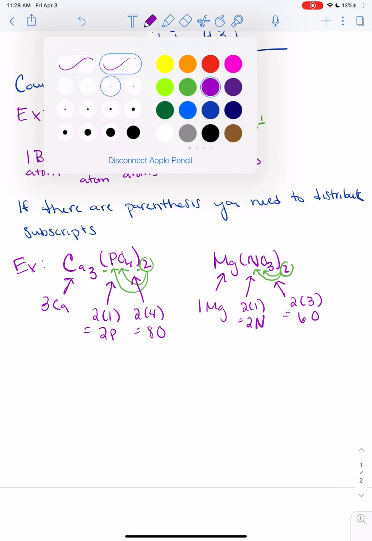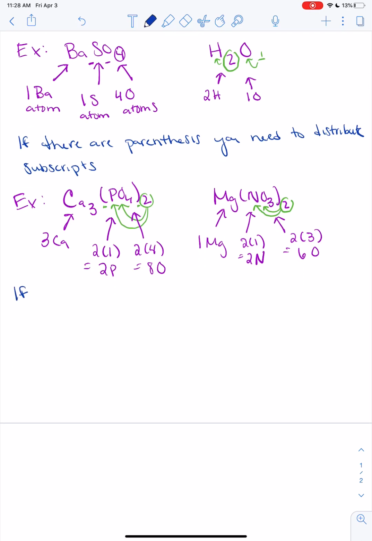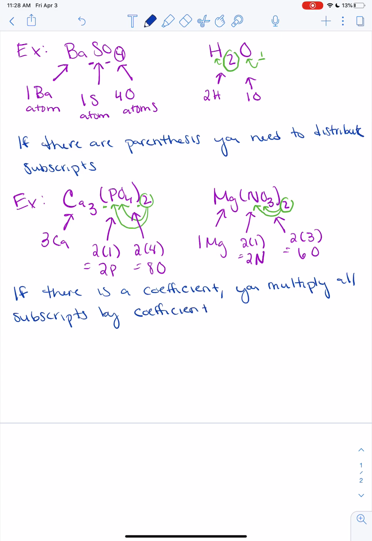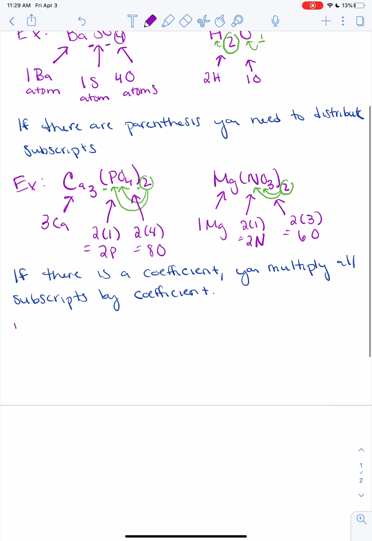Now, there's one more complication, which is a coefficient. If there is a coefficient, you multiply all the subscripts by the coefficient. Okay, so what do I mean by a coefficient? Well, for example, we could have something like 3K2O.